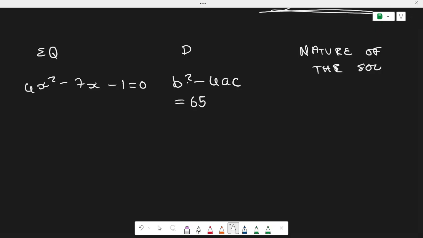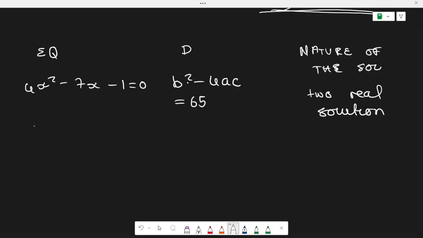And we know 65 is greater than 0. So the nature of your solution is two real solutions.